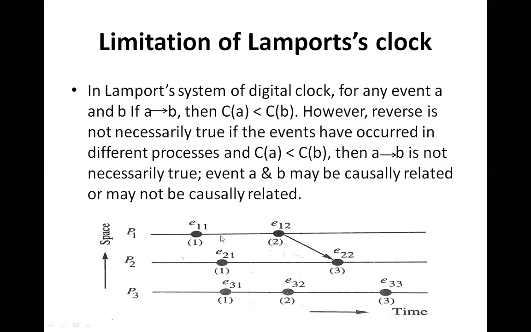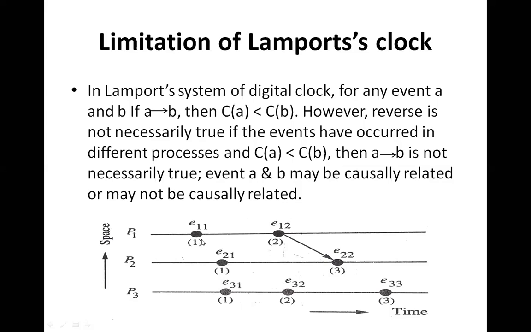But if you take the case of E11 and the events happening in process P3, suppose I'm talking about event E32 in process P3. The timestamp of E11 is 1 and the timestamp of E32 is 2.